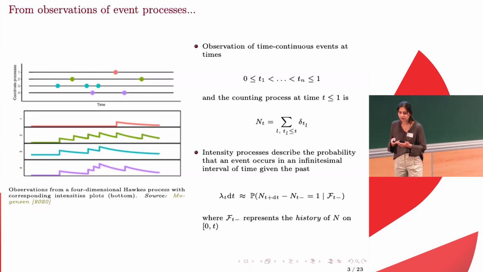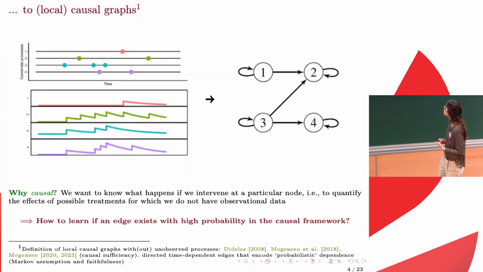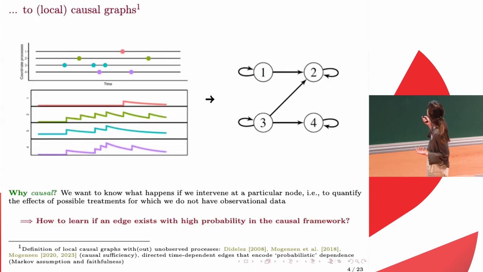Once I have modeled the follow-ups of my individuals using these tools, the problem that I would like to solve is to learn my underlying graph. Here, I thank the previous speakers who introduced a large part of the literature. Of course, I suppose that I do not know the oracle underlying graph.